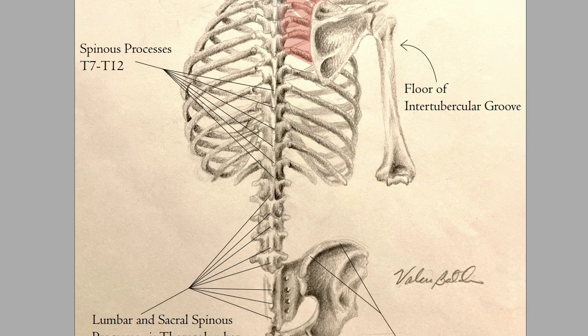So there's 12 thoracic vertebrae in total. The inferior 6, 7, 8, 9, 10, 11, 12, those are the ones that latissimus dorsi is attaching to, okay? Along with all of the lumbar spinous processes and the sacral spinous processes.